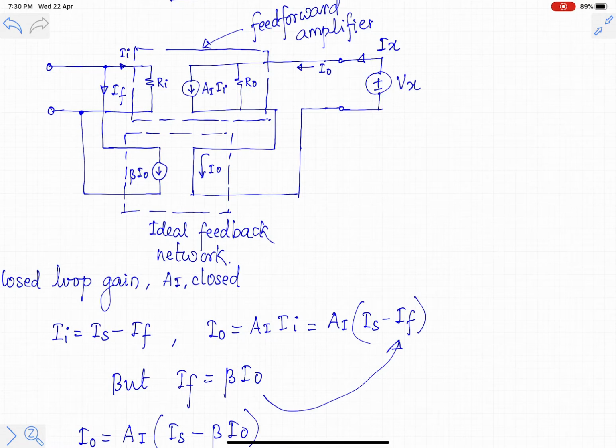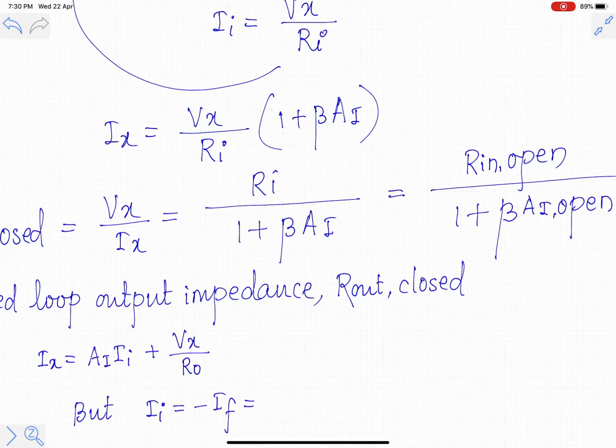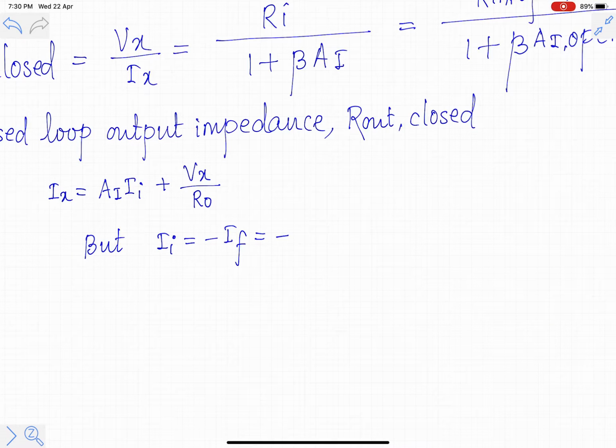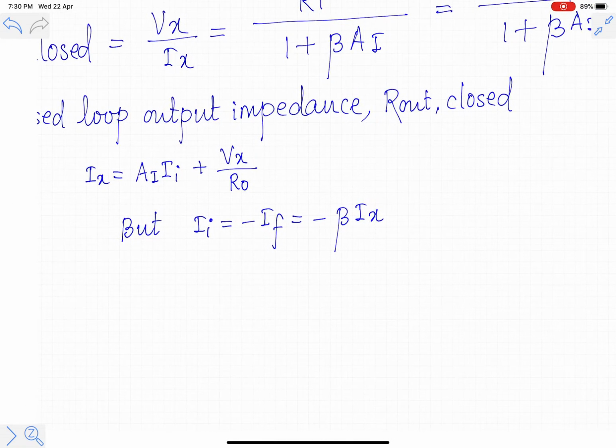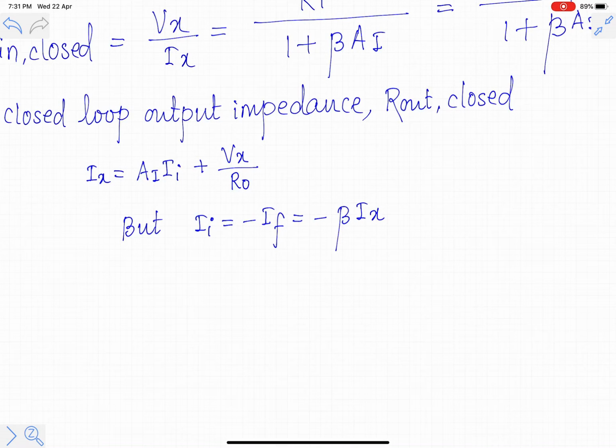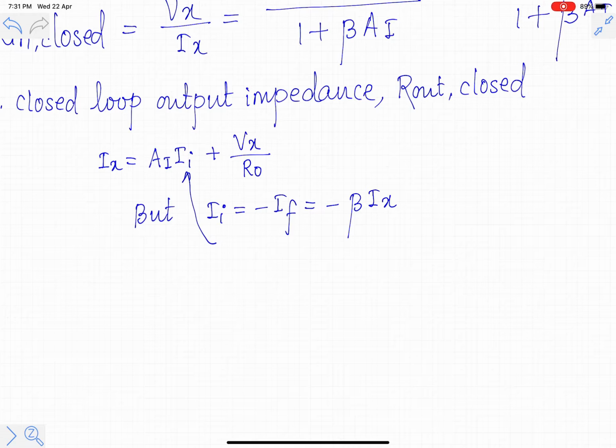So If is equal to beta into Ix, and II is equal to minus beta into Ix. If we substitute this value of II in the expression, we get Ix is equal to AI into minus beta into Ix plus Vx divided by RO.